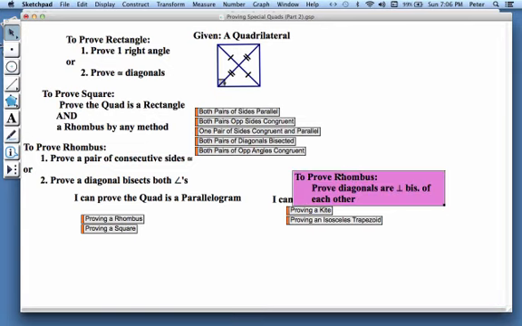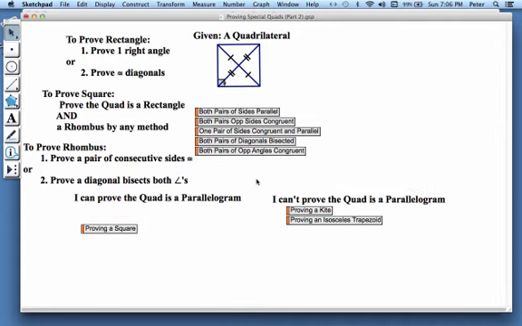So it looks like the best that I can prove is that this figure is a rectangle because it's a parallelogram with one right angle, and I can't prove any more to show that it's a square or a rhombus.